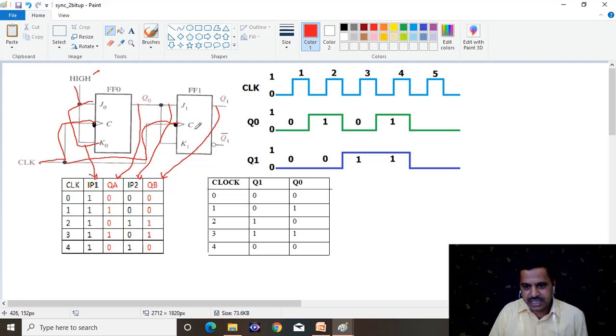Before the application of the clock pulse, the input is always 1, because it is given binary 1. Before the clock pulse, the output QA is 0. When it is 0, the input to this flip-flop, input 2, is also 0. Then naturally the output Q1 is also 0. This is Q0 and this is Q1.